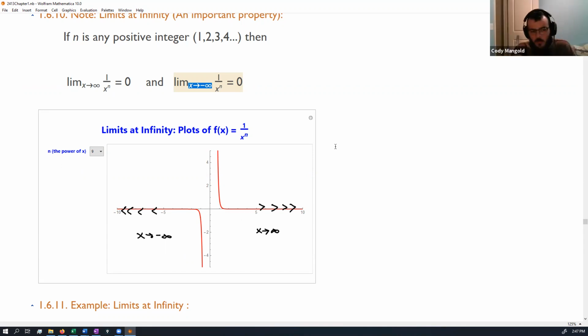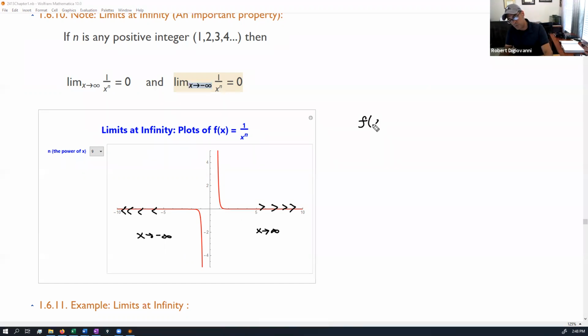Will we ever have anything to do with a negative exponent in this class? So if it was a negative exponent, think of it this way. If I gave you f of x was 1 over x to the negative 2, and I asked you what's the limit as x goes to infinity of that function, then isn't x to the negative 2 on the bottom, couldn't you just flip that back up and put it on top as x to the positive 2? Aren't those the same?